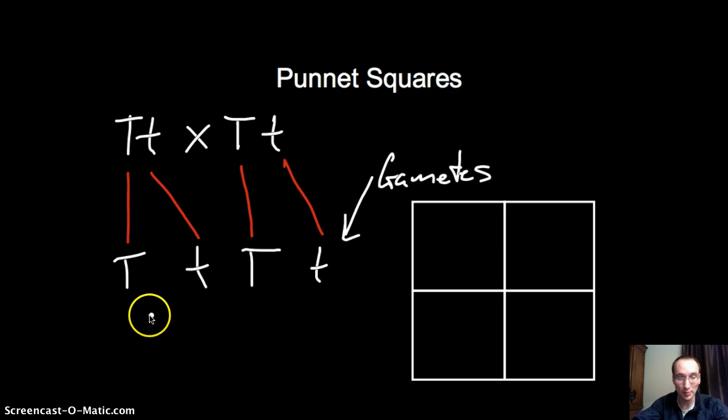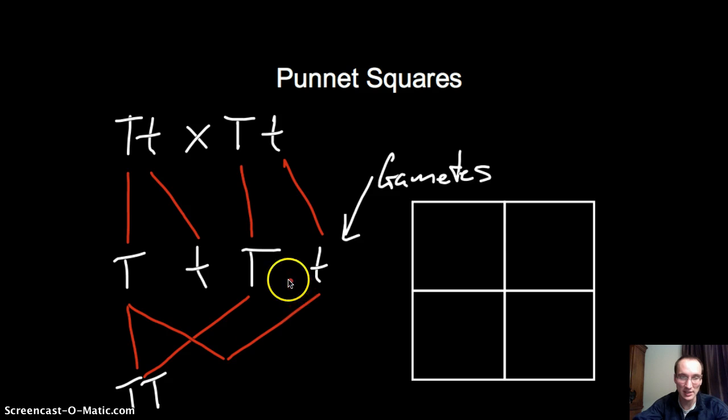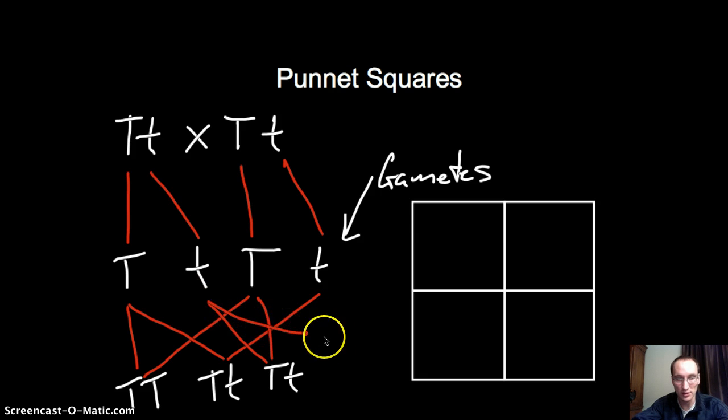There is a probability that this T right here can combine with this T, in which case the offspring would have a big T and a big T. But there's also a chance that this T combines with the little t, making it big T, little t. Okay, so we can go through all the different possibilities. This T can combine with this T, making another big T and little t. And then finally, these two can also join up, and we can have little t, little t.